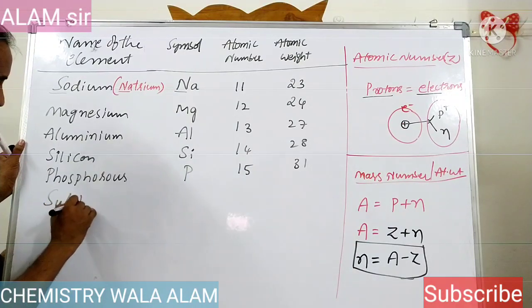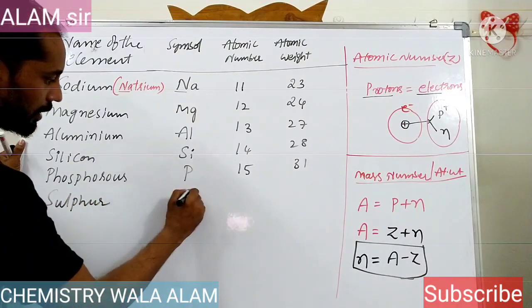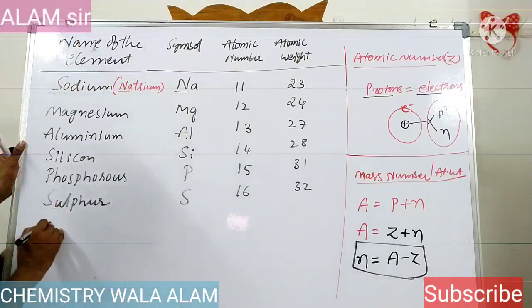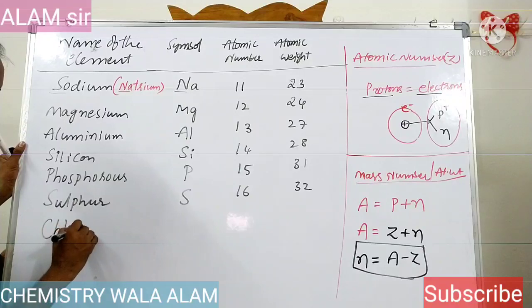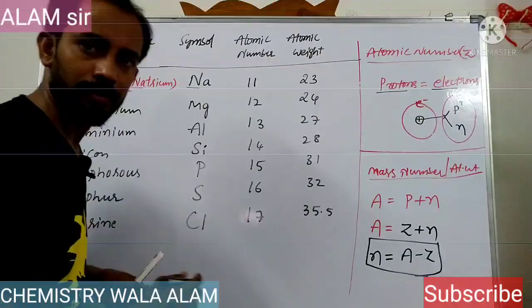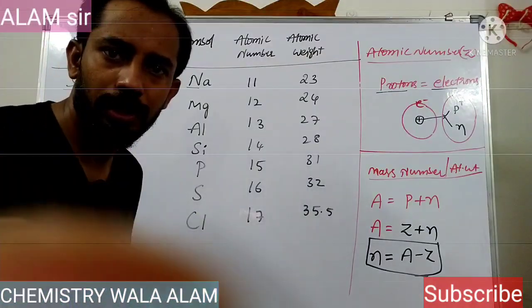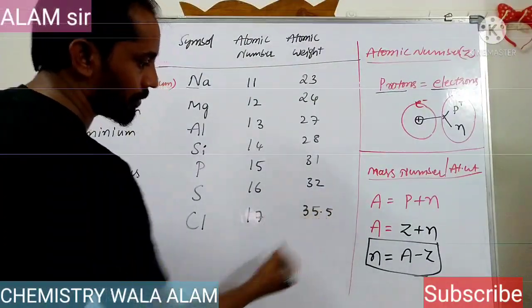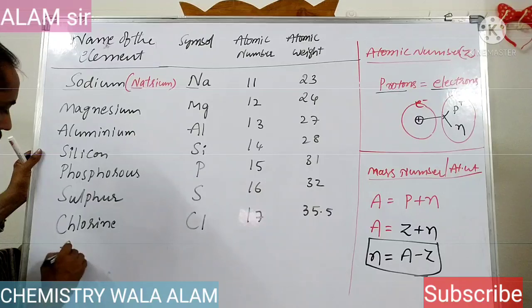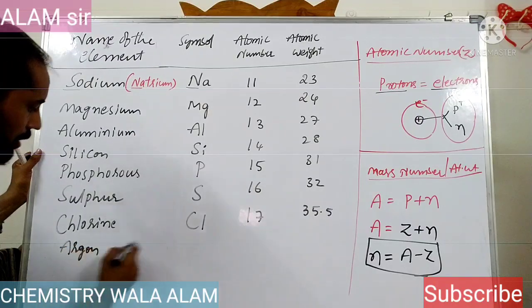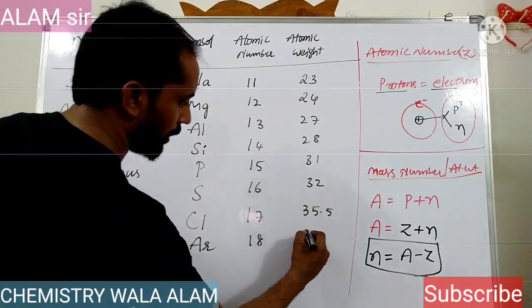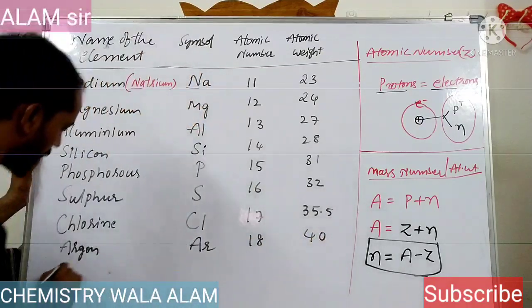Sulfur S 16, 32. Chlorine, okay, here chlorine is 35.5. Next one, argon, Ar, atomic number 18, 40.